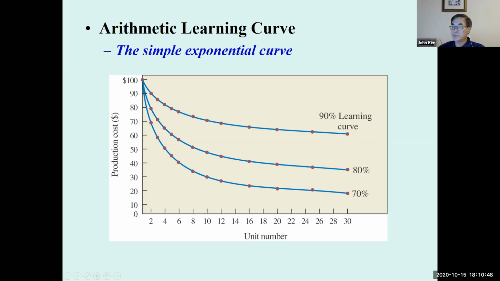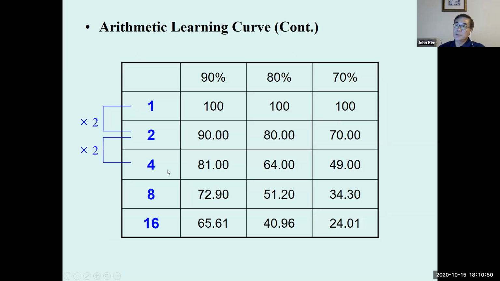With numbers, if the learning percentage is 90%, then the first one is 100 time units or cost or whatever, then the second one is 90, because times 0.9 learning percentage.